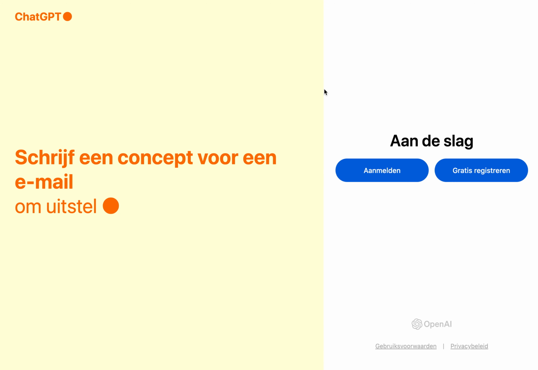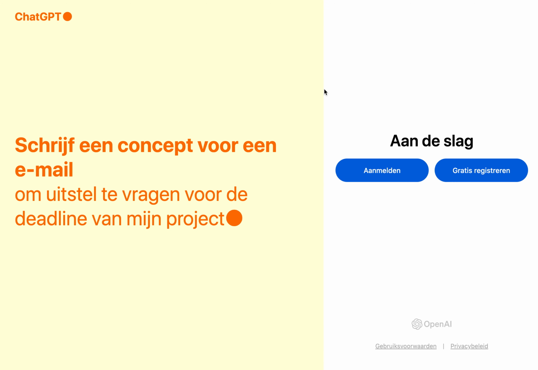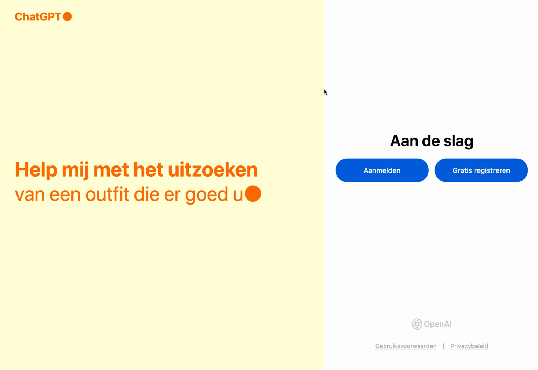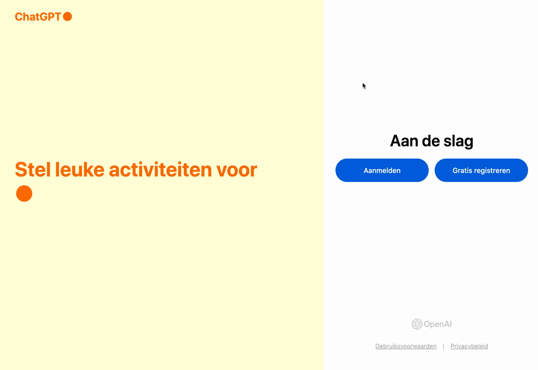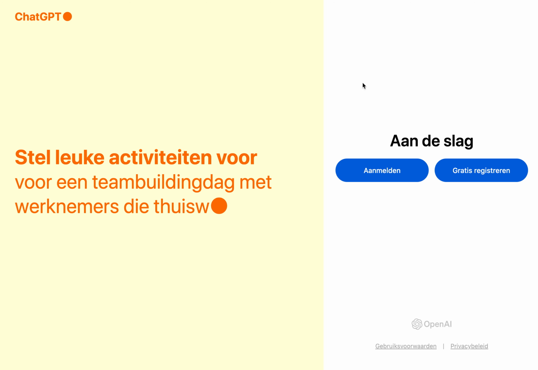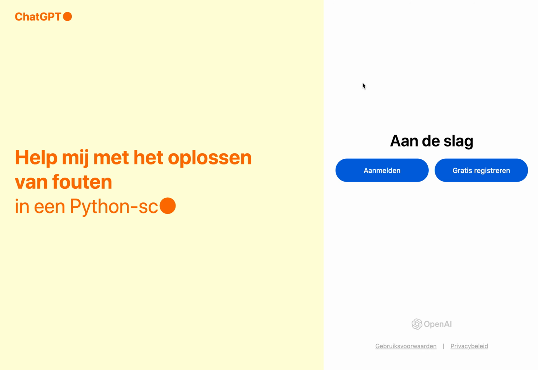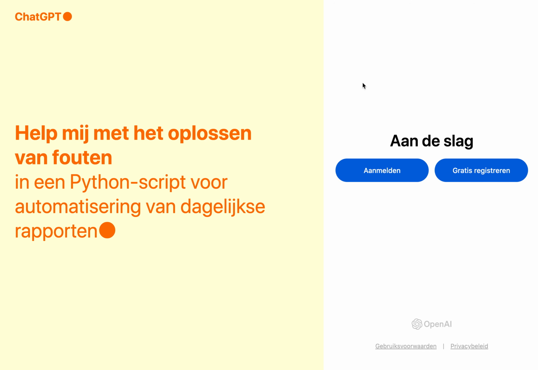ChatGPT is a language model, and this means that you can ask questions, or you can even create content, which can be text, images, and you can even create audio like songs and videos through AI.